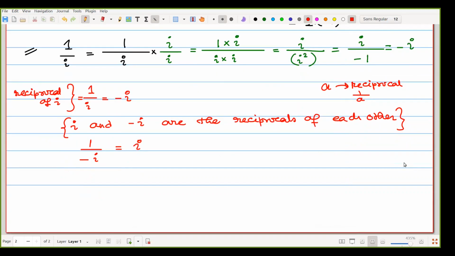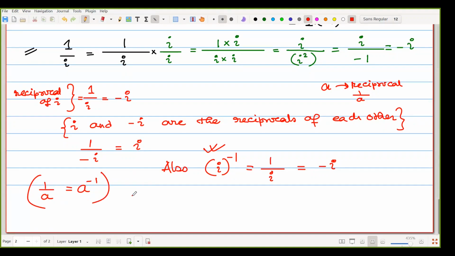Okay, also we can say the final lines here, that is i to the power minus 1, that means 1 by i, that is equal to minus i. That is called the reciprocal. 1 by a can be written as a inverse.